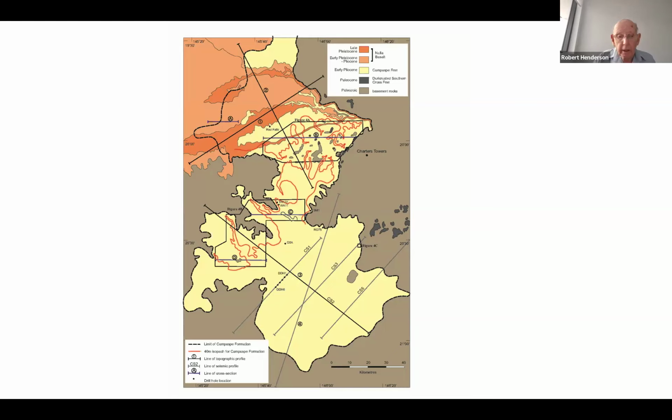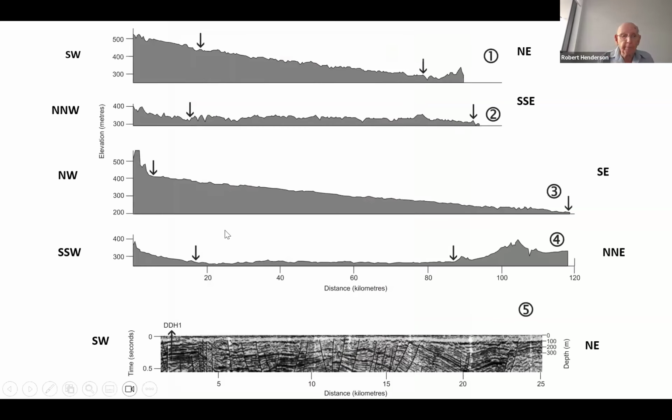So just looking at those profiles across the Campaspe, there are two here in the north that are running west to east, not directly, but southwest, northeast, northwest, southeast. This is where the Campaspe is covered, particularly in this first profile here.